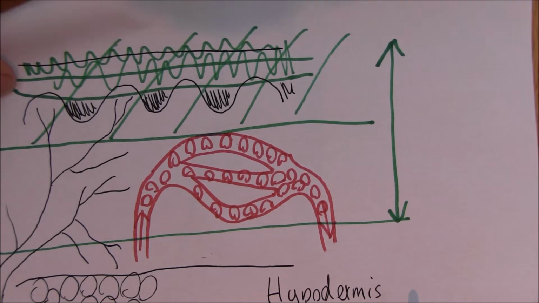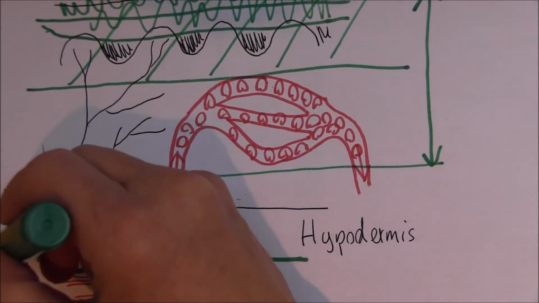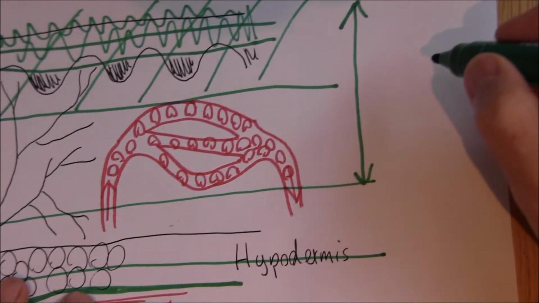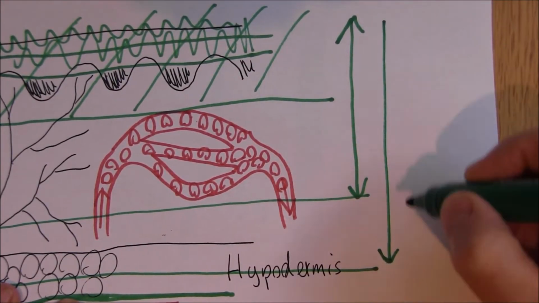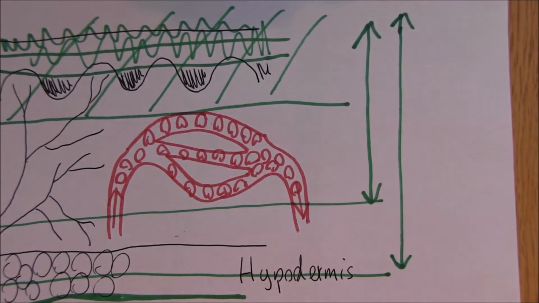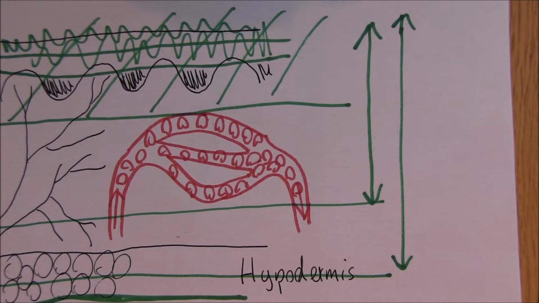And if all the skin is lost all the way down to the hypodermis, then we would classify that as a full thickness injury, where everything is lost all the way down. So that would be a full thickness injury.